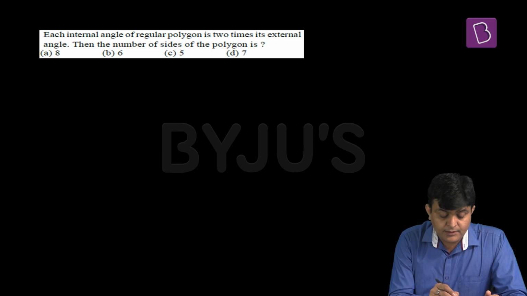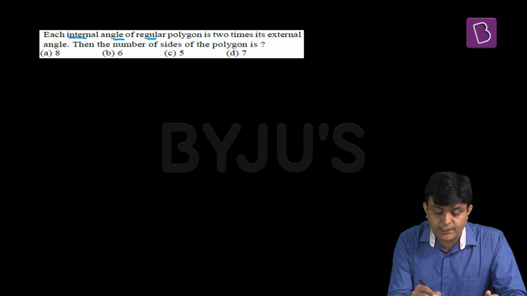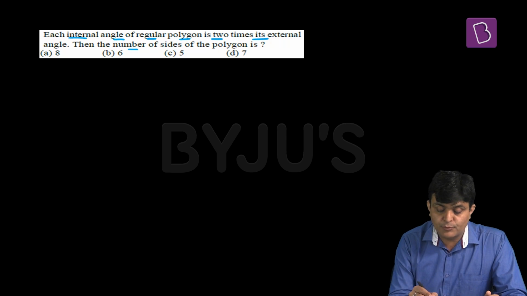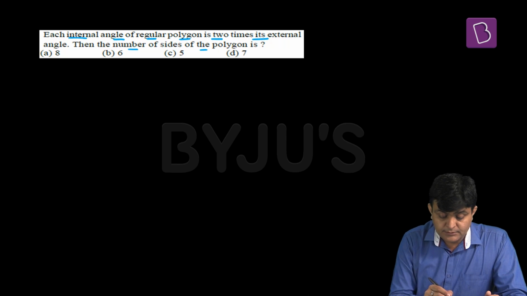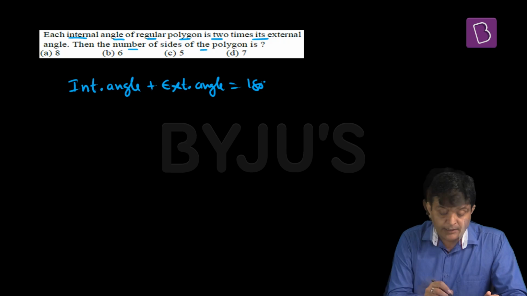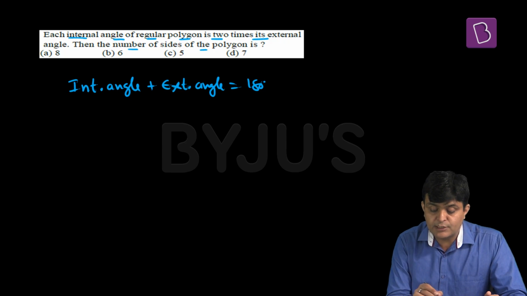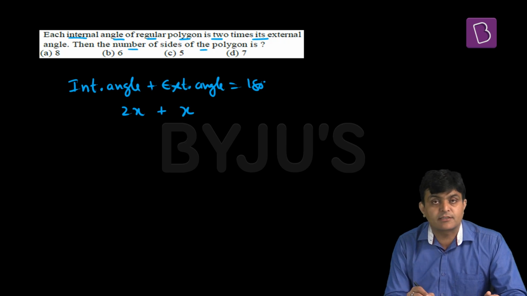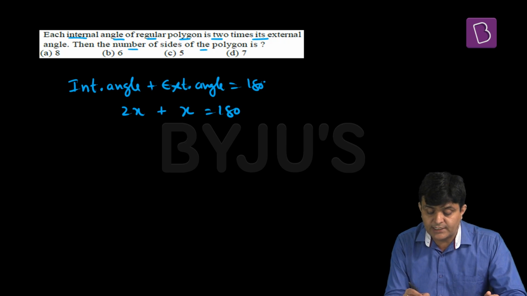See next. Each internal angle of a regular polygon is 2 times its external angle. Then the number of sides of the polygon is? Internal angle plus external angle is 180. Now each internal angle is twice the external. Let external be x, then internal is 2x. Got it? It is 180.